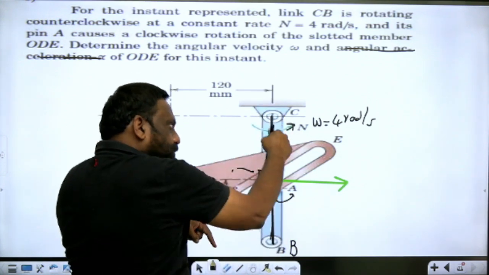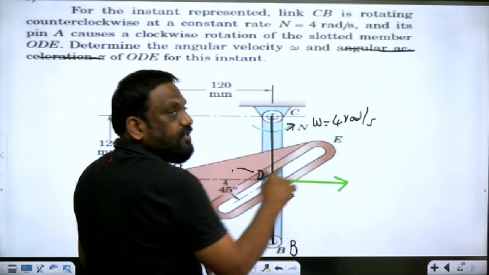So at this point the velocity will be perpendicular.